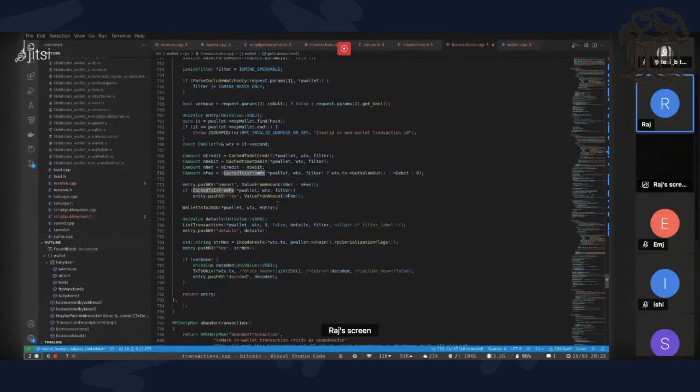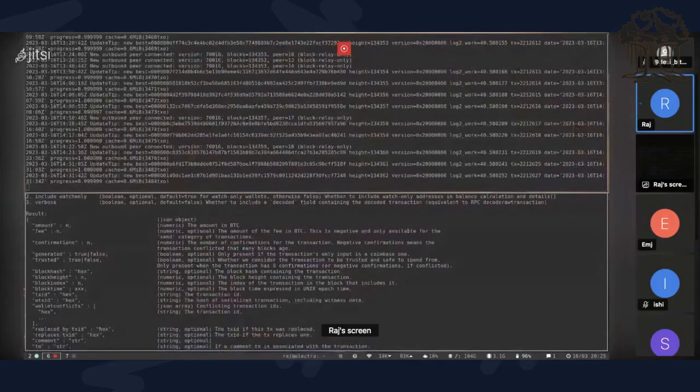Does that make sense? Also, the fee shown in get transactions only shows the fee paid by me. Yes, and the help is also saying this is negative and only available for the sent category of transactions. Sent category of transactions are transactions which are spending.